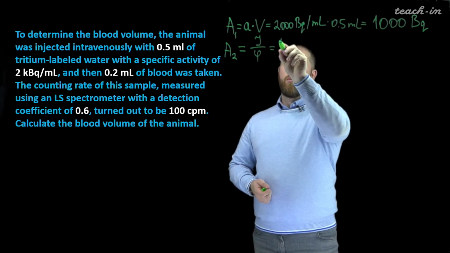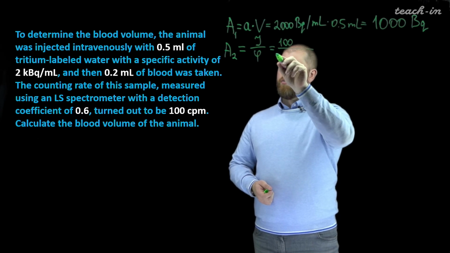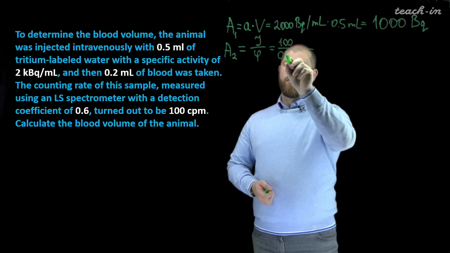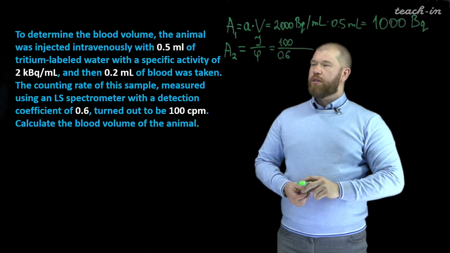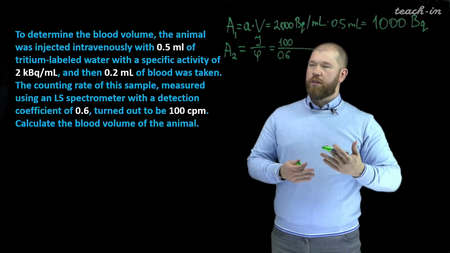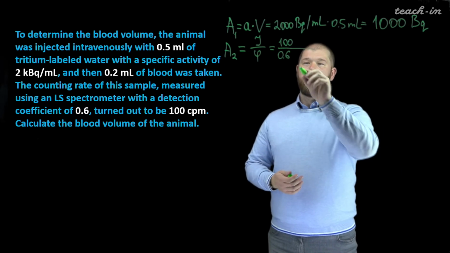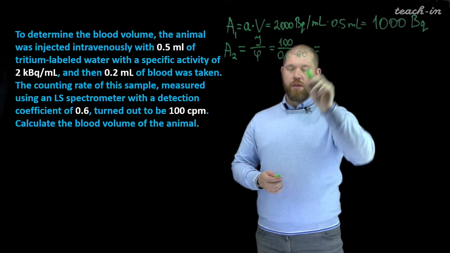So it will be 100 counts per minute divided by 0.6. And as far as counts per minute, we have to convert it to counts per second, so we have to divide it by 60.